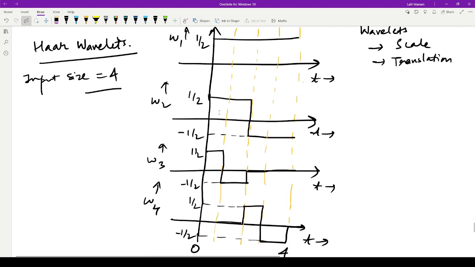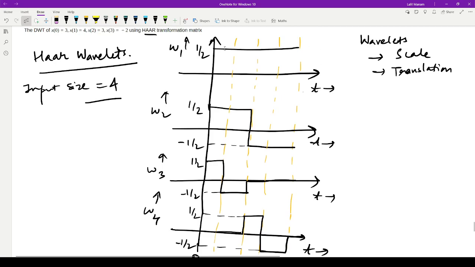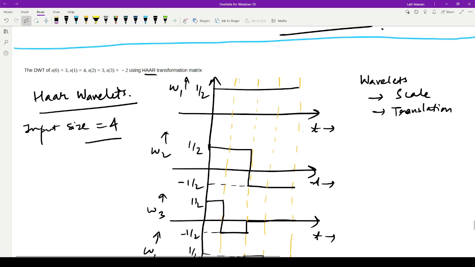Okay, so what is this? How will you encode this? What does this mean? How does your signal look? It will be somewhere 3, 4, 3, and then minus 2.